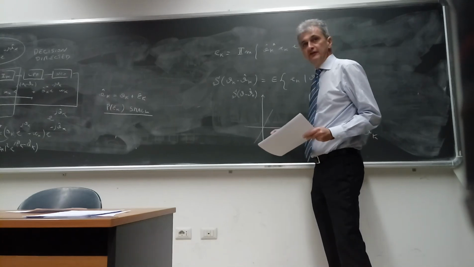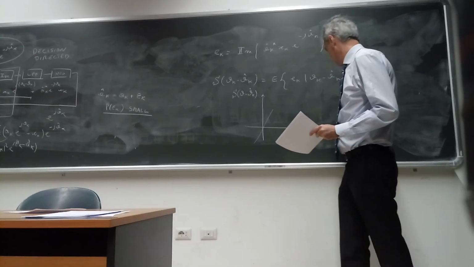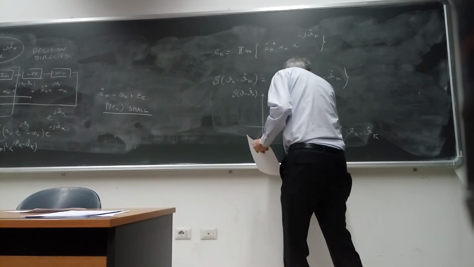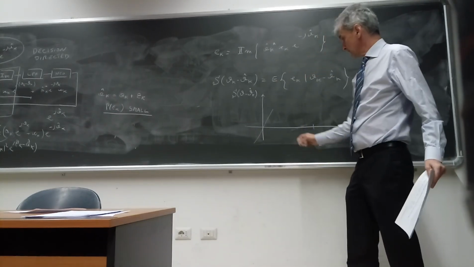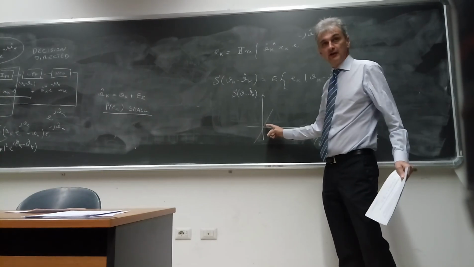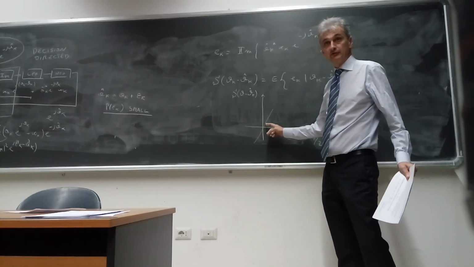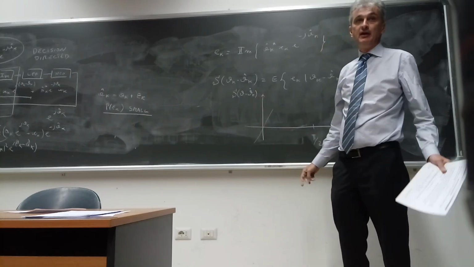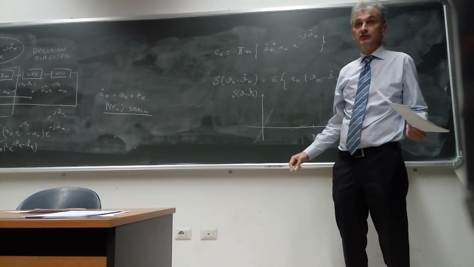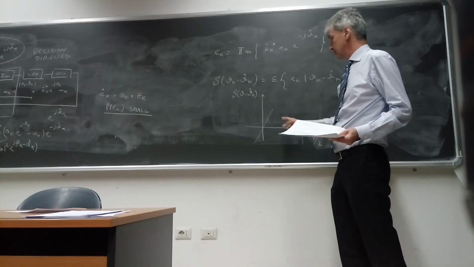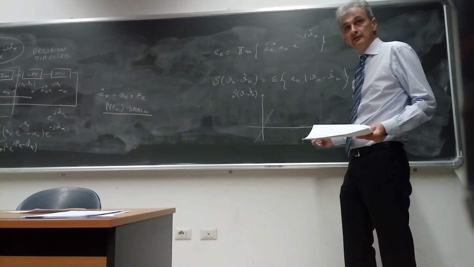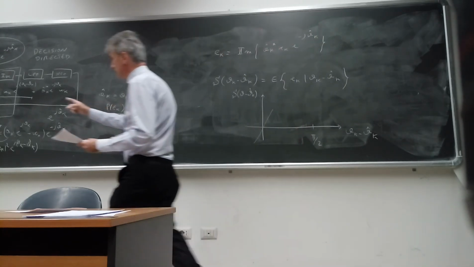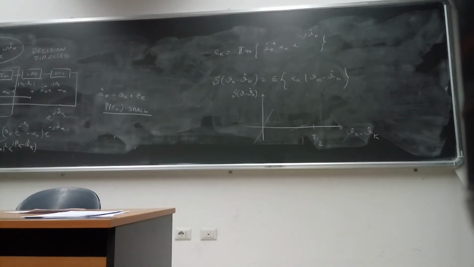For a small phase error, this is the phase error, suppose that this is alpha. For a small phase error and high signal to noise ratio, this will be virtually the same as the one before. That is actually proportional to theta minus hat theta. For large phase error, suppose that the phase error here is large.